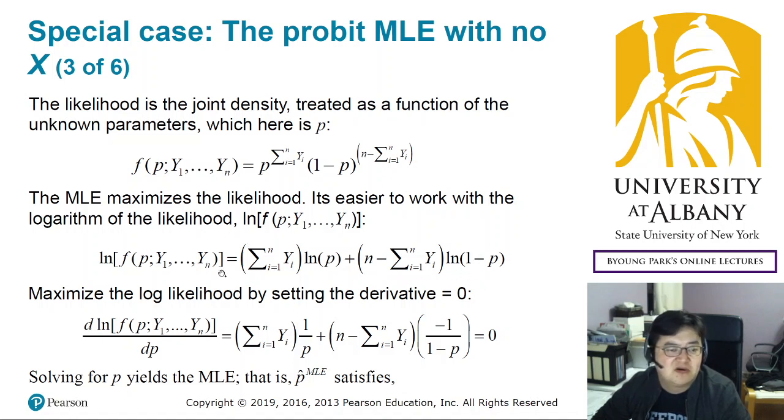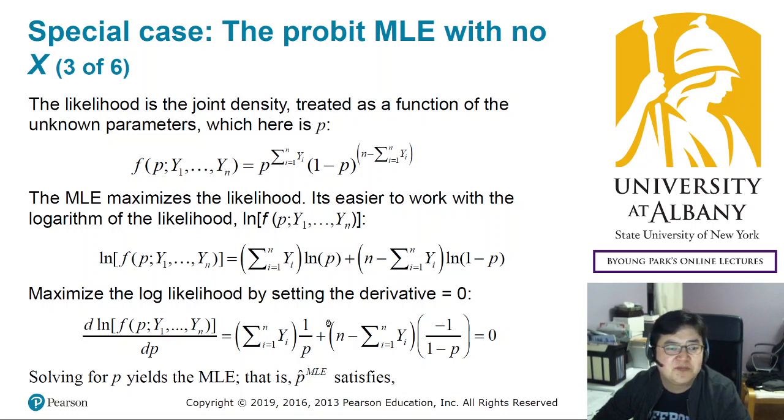Now we are maximizing this, which is equivalent to finding the first order condition and setting it equal to 0. The first order condition is pretty simple. You have to solve it. You already have the observations of y, so you only need to solve for p.